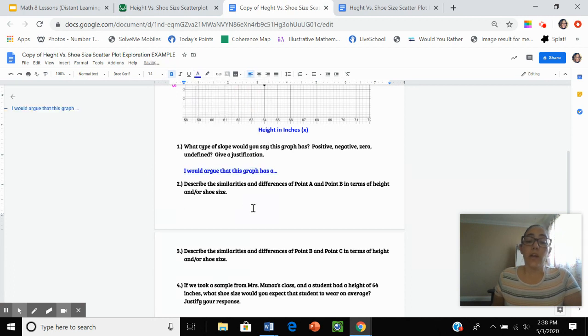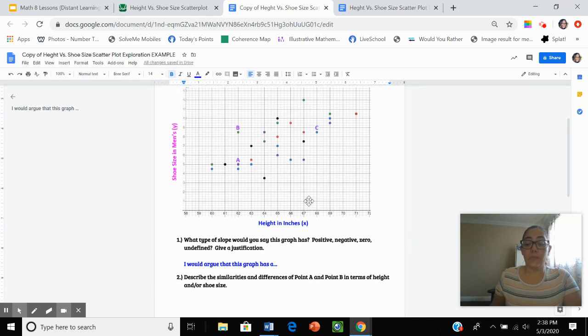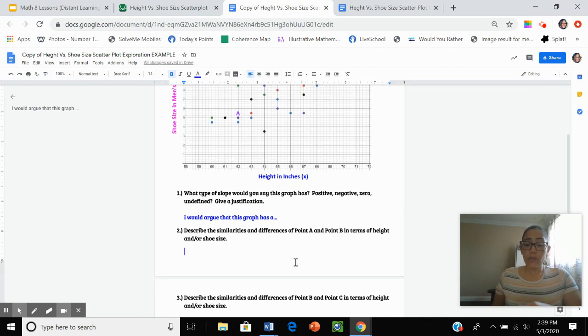All right, describe the similarities and differences between point A and B in terms of height and shoe sizes. So notice how I labeled this purple point here as point A, and then we have this green point here, and I labeled it point B. So one similarity between points A and B is, oops, got an extra E in there.